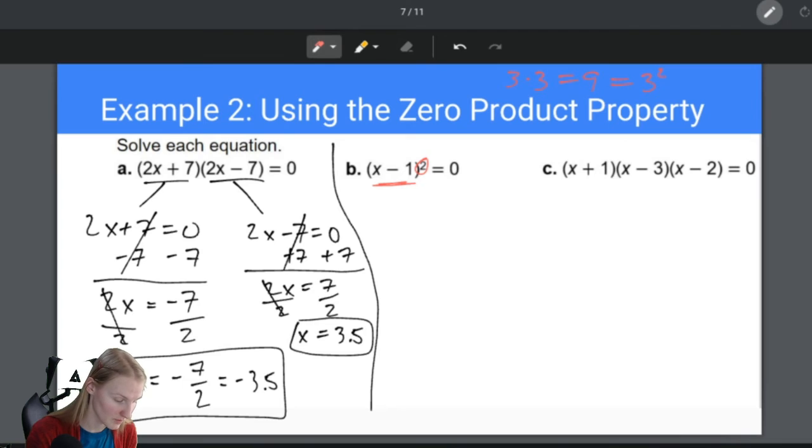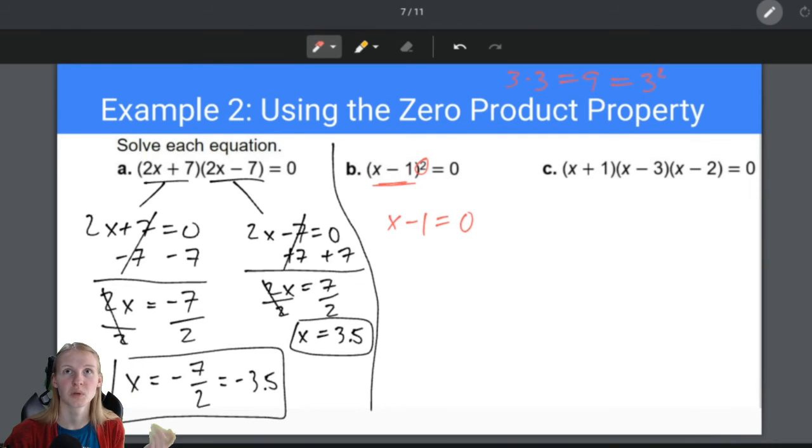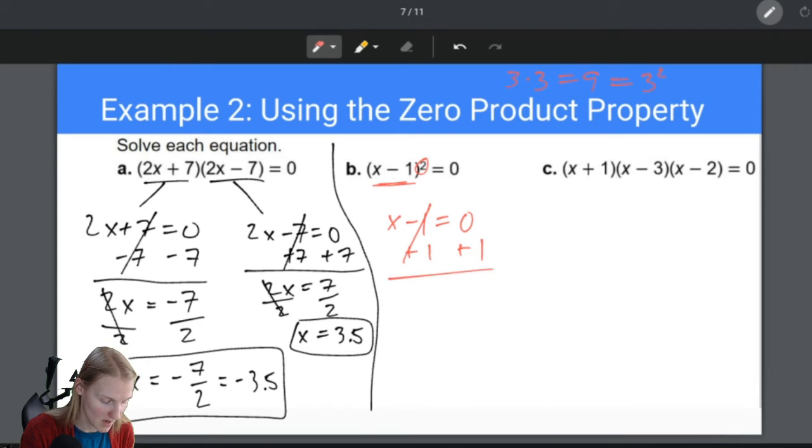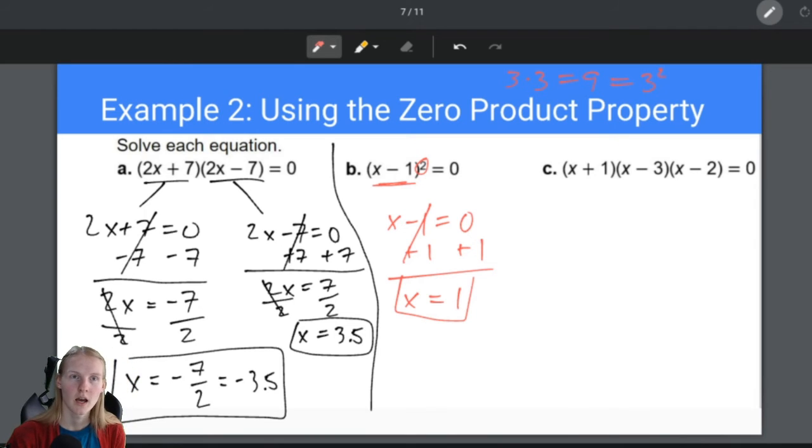So you don't have to worry about doing anything twice. All you have to do is, we know that x minus 1 has to be 0, because one of our factors has to be 0, and this is just the same factor 2 times. Let's solve for x. We just add 1 to both sides, and look at that. X equals 1. The only thing different here is that this is what we call a repeated root, or a repeated factor.